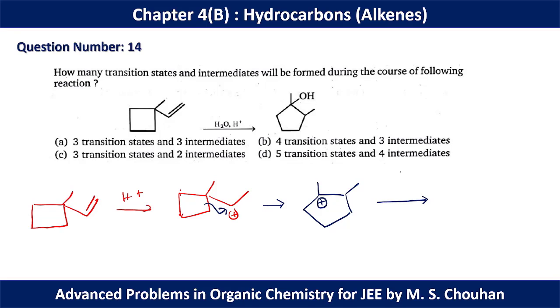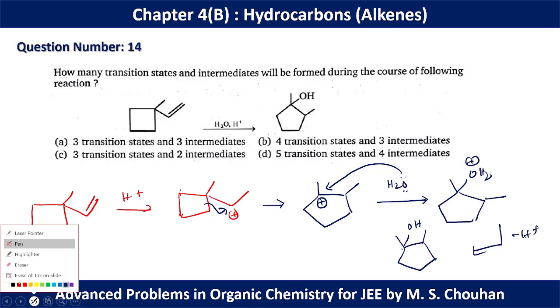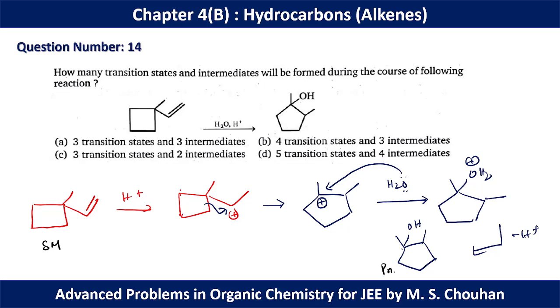And this kind of situation we are expecting, in this ring expansion, and we can have this kind of intermediate, and after elimination of H plus, we are having this kind of final product. So basically this is the starting material and this is the end product.